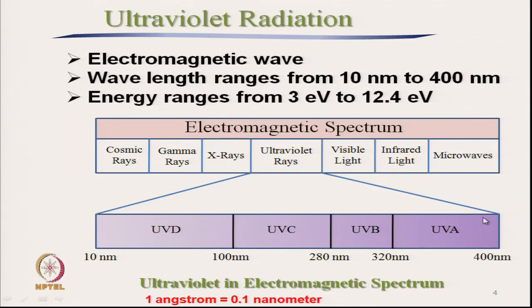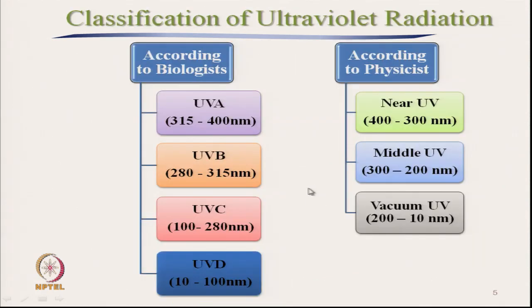We will see the effects of this wavelength on our human body. The energy ranges from 3 electron volt to 12.4 electron volt. Now, UV ray can be classified in two ways.